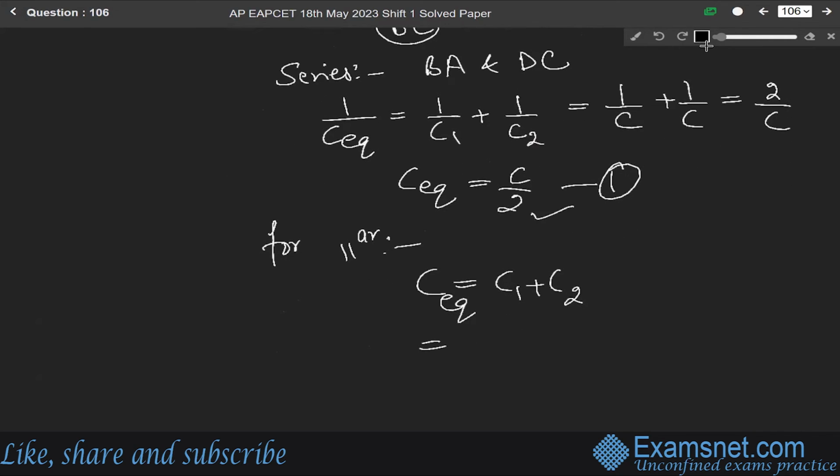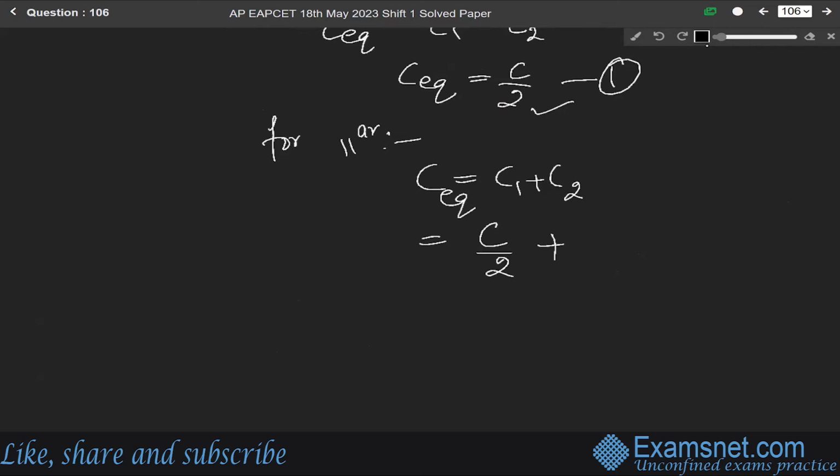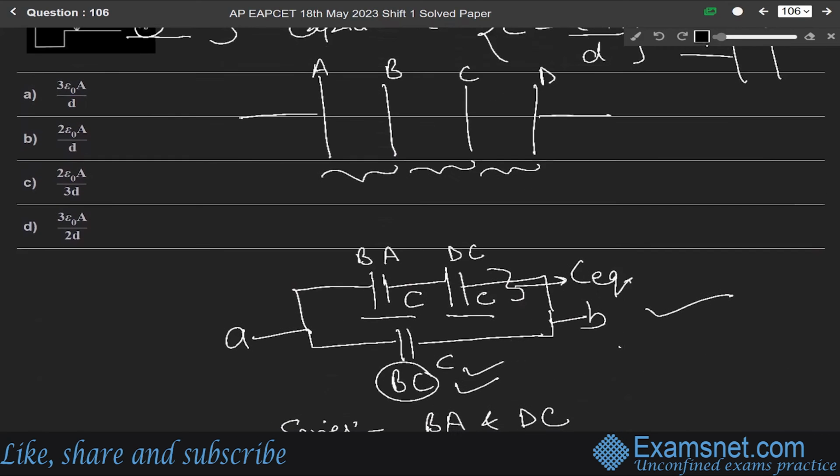We get this C by 2 plus this C. Solving it, we get 3C by 2. So the net capacitance will be equal to 3 by 2 into C. C means epsilon naught A over D. So this is our final answer, option A, sorry, option D. That is 3 epsilon naught A over 2D is our correct answer.